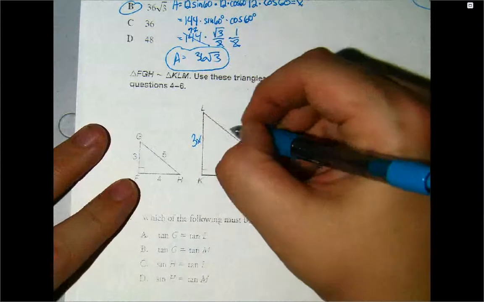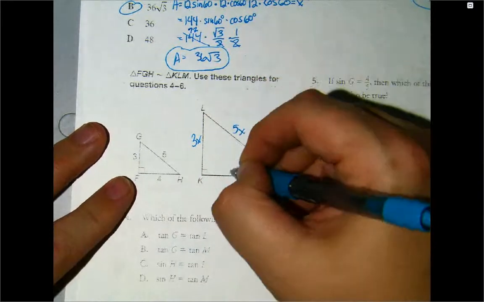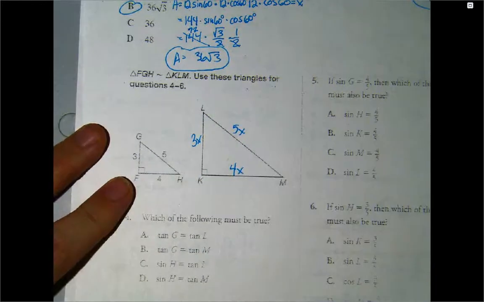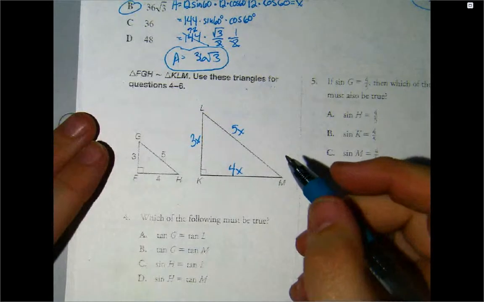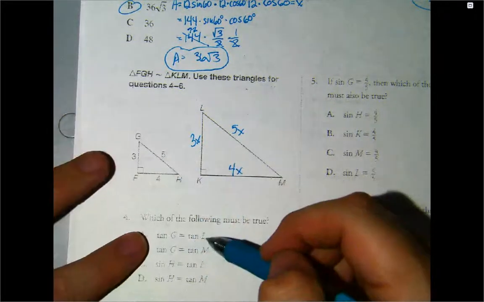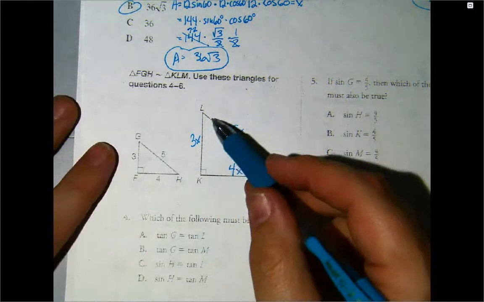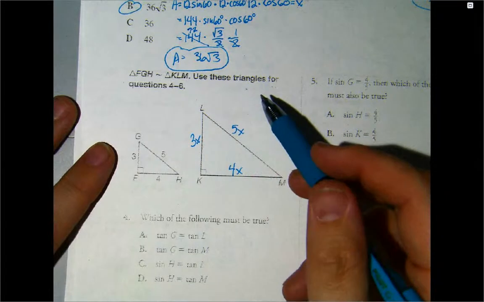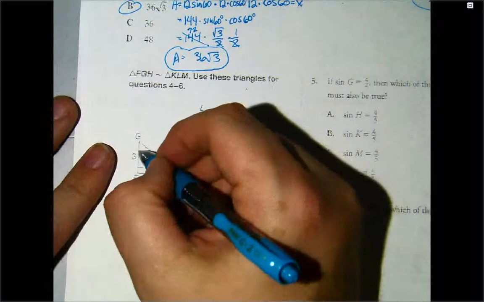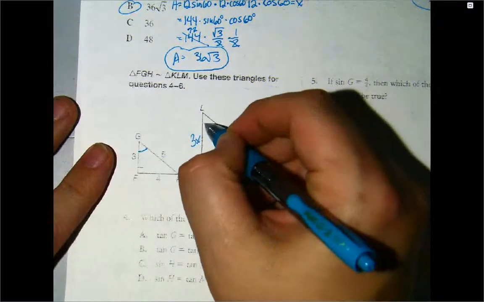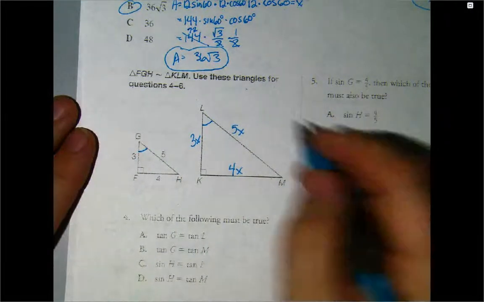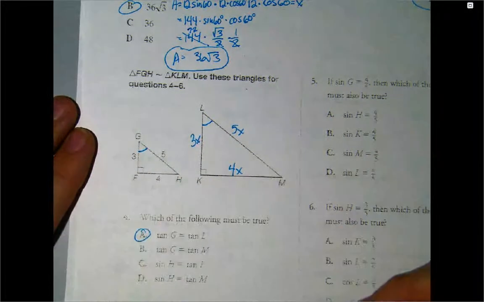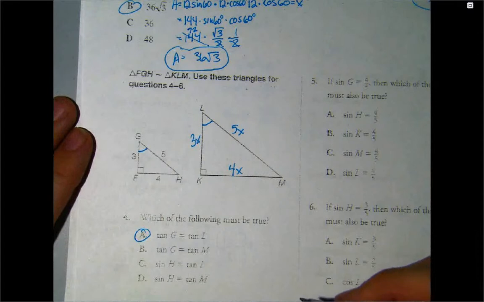It says, is the tangent of G equal to the tangent of L? Are they the same angles? Are they corresponding angles? Yeah. And if that's the case, then that has to be true. The tangents are going to be the same. That's the thing about similar triangles. The sine of one angle in one triangle is going to be equal to the sine of the corresponding angle in the other one.